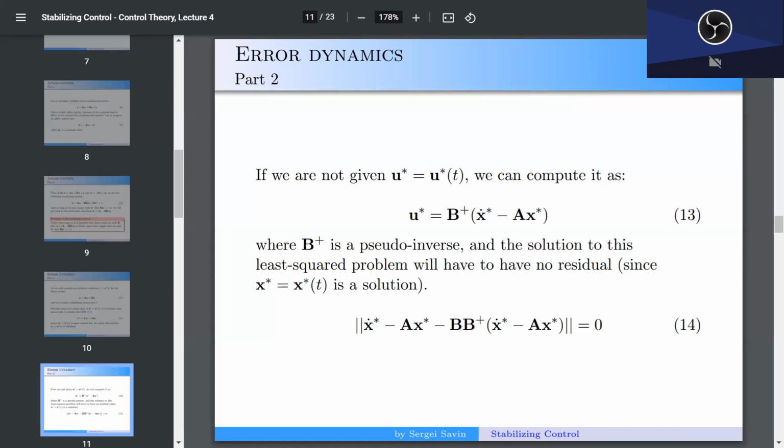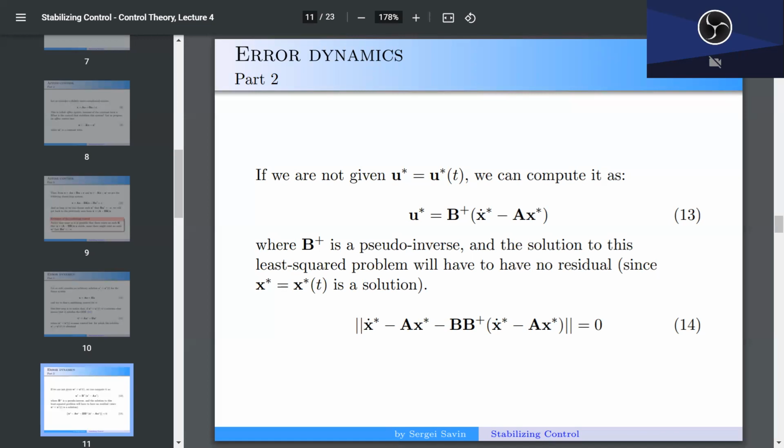Well, because if B did not span x dot minus Ax, the equation where we plugged in our x star wouldn't hold, and we know it does hold. We know that x star is a solution to the original system. Therefore, the equation x dot equals Ax plus Bu star holds, and therefore B spans x dot minus Ax. And therefore pseudo-inverse in this case provides us an exact solution. Does this argument make sense?